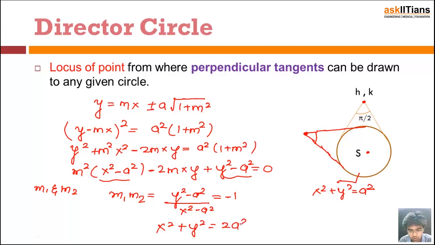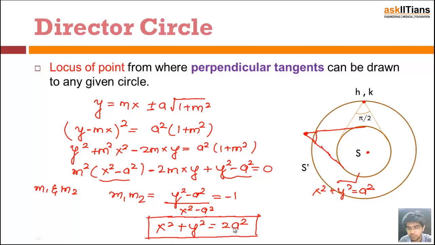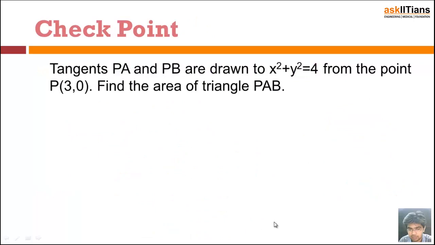That means the equation that comes out from here is x square plus y square is equal to 2a square. That means the locus of the point of intersection of perpendicular tangents is nothing but a circle, which is this S dash.